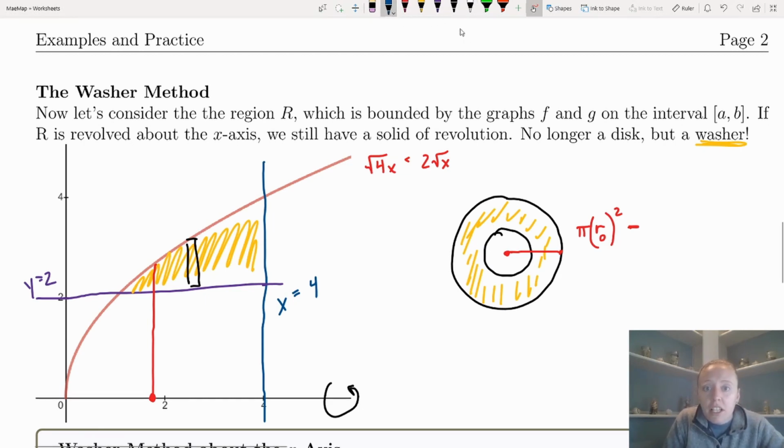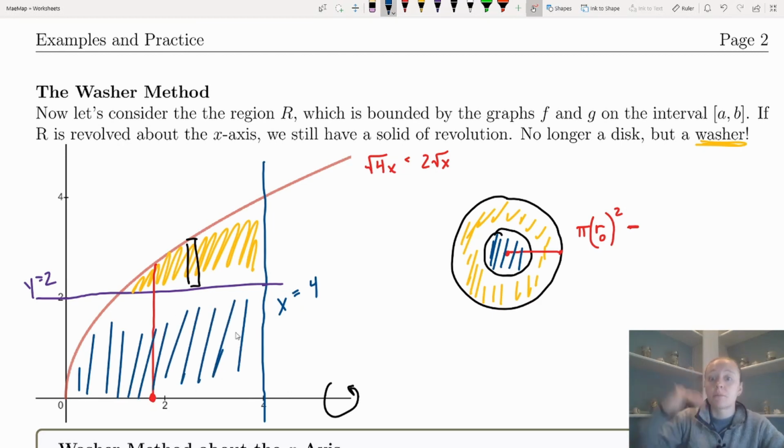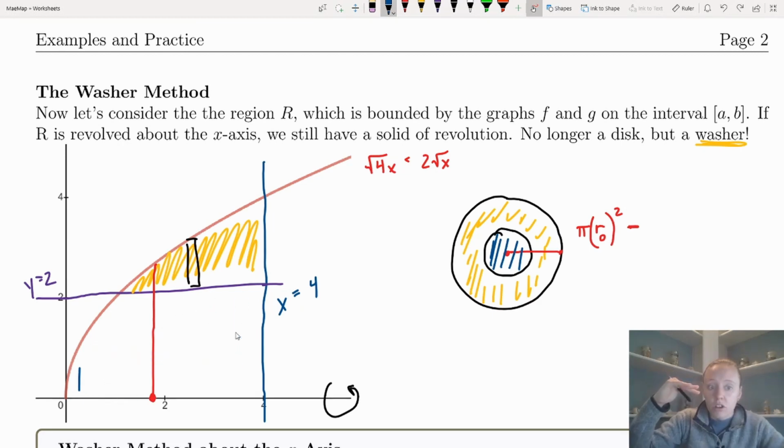So I'm going to quickly shade in that inner area, and I'll shade it in as blue. So this inner area, you could see, would be me subtracting if I was to revolve just up to that y equals 2 line around. So y equals 2 is our other function. So then I'm going to have from my axis of revolution to that inner radius, which the inner radius in this case, you can see, would be from the axis to the line y equals 2.